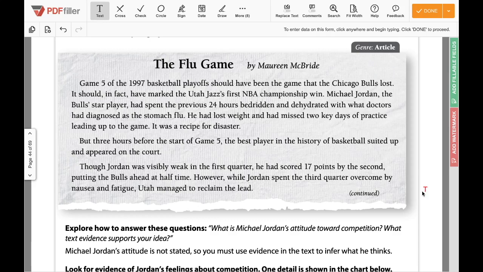It was a recipe for disaster. But 3 hours before the start of Game 5, the best player in the history of basketball suited up and appeared on the court. Though Jordan was visibly weak in the first quarter, he had scored 17 points by the second, putting the Bulls ahead at halftime. However, while Jordan spent the third quarter overcome by nausea and fatigue, Utah managed to reclaim the lead.